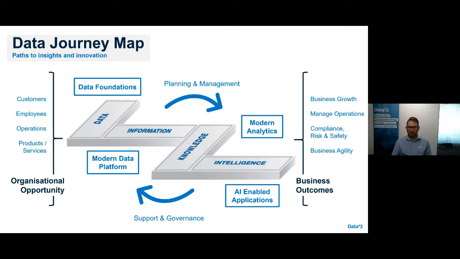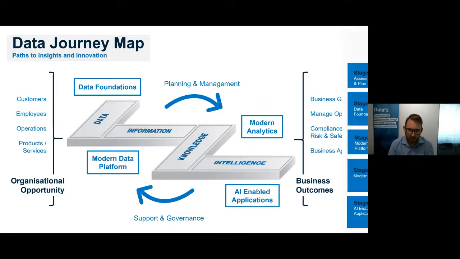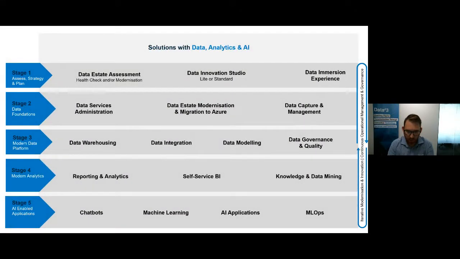That's also key. And understanding those organisational opportunities and business outcomes makes what needs to happen in the middle part, on those four paths, fairly straightforward. We can be quite clear on what those capabilities need to be. Some of those capabilities I've talked through already, through stages 2 to 5 in this diagram, which are the solutions or capabilities you want to consider.